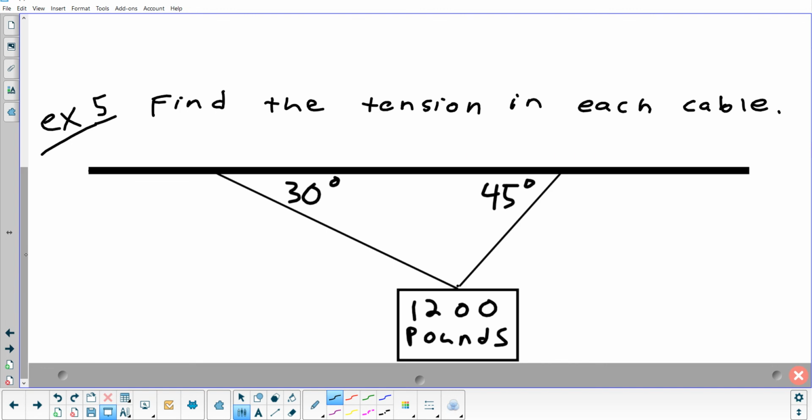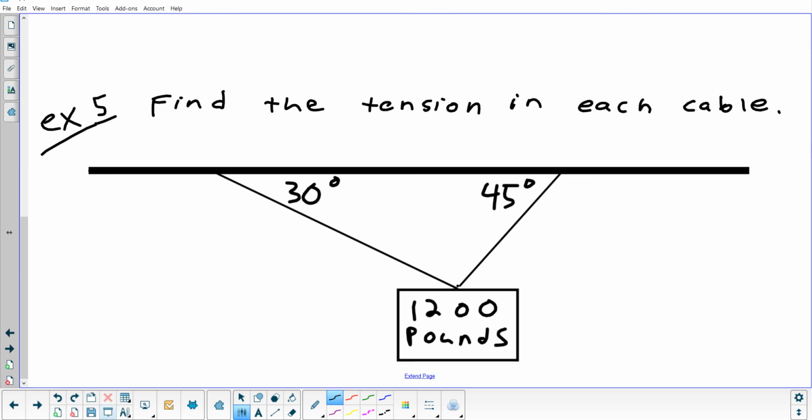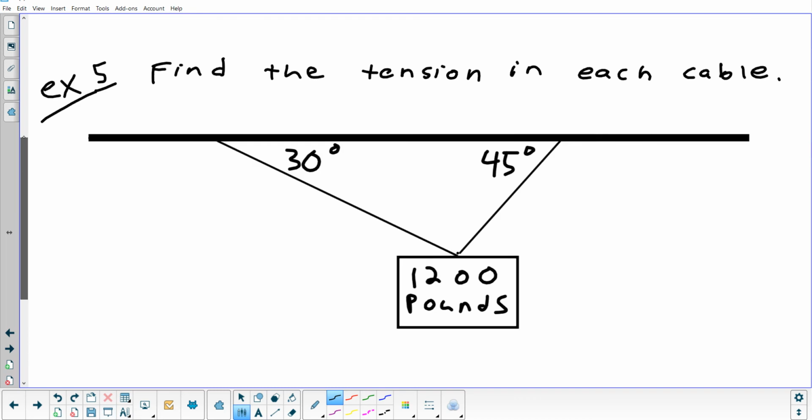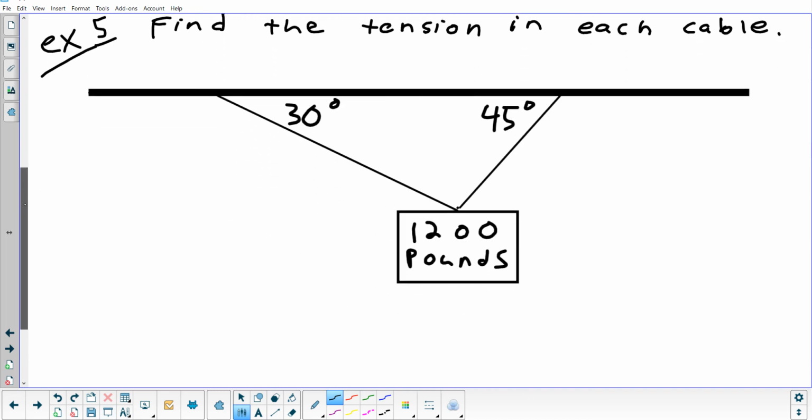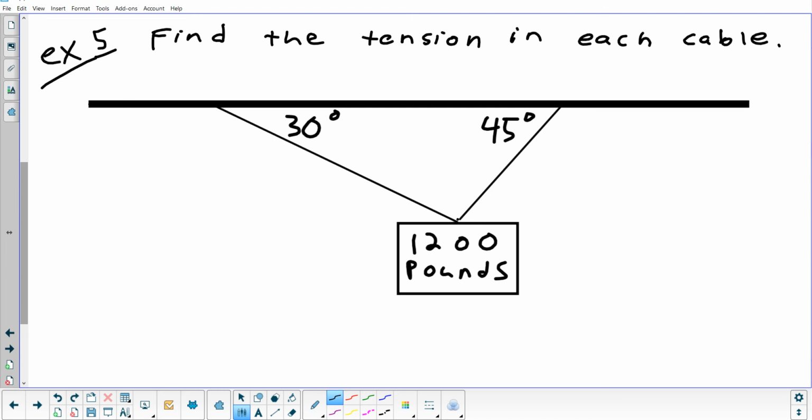All right, so let's see if we can start to set this up. This object is not moving, so we know it's in static equilibrium. That means that the force pulling up on it is equal to what other force? The force pulling down. What we're doing right now is just trying to set up what I call a conceptual equation.